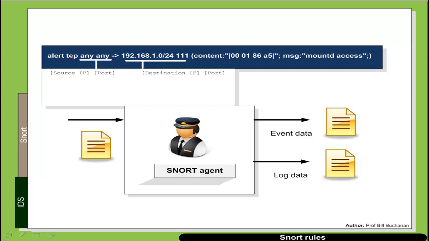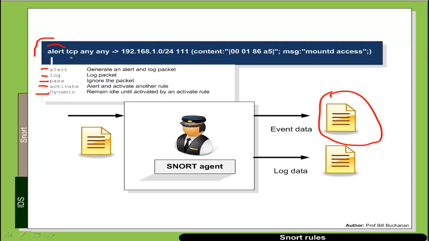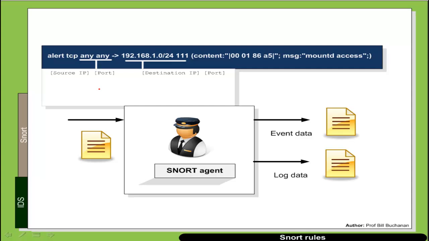We then see the protocol, and the protocol can be TCP, IP, ICMP. After this we have the source IP address and the source port, and a destination IP address and port. So we can use the word any for any IP address and any for any port.